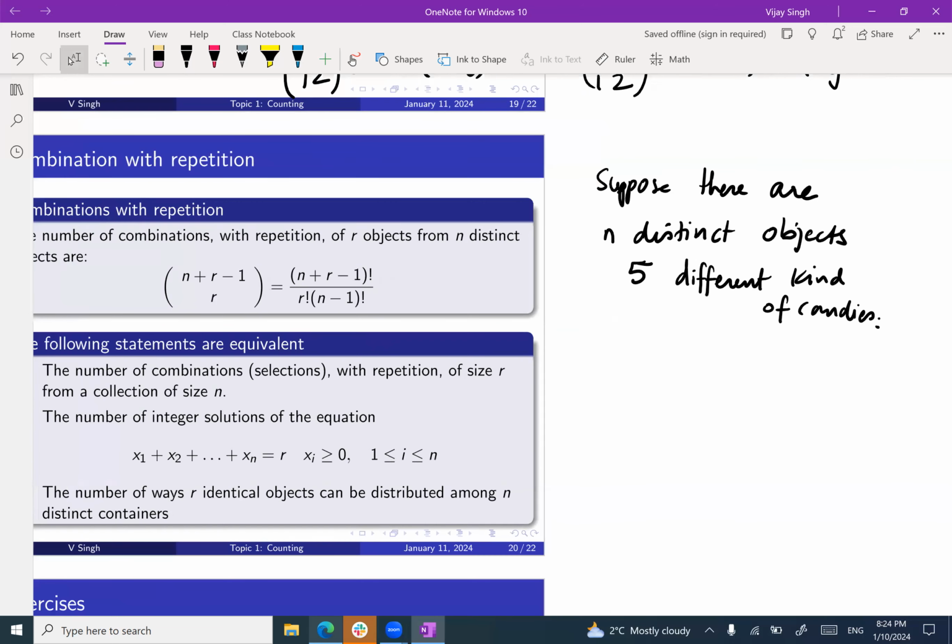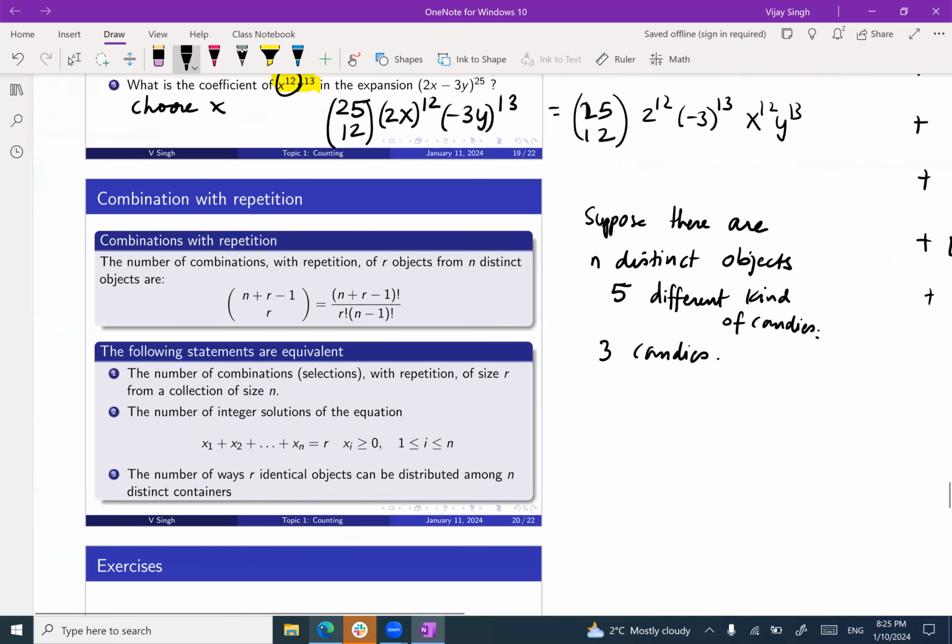Out of that, suppose you want to select 3 candies, and you're allowed to repeat. Does that make sense to you? Suppose, let's say the candies are A, B, C, D, E. 5 different kinds of candies. And you want to choose 3 candies out of it. And you can choose all of them to be A, A, A. This is also allowed.